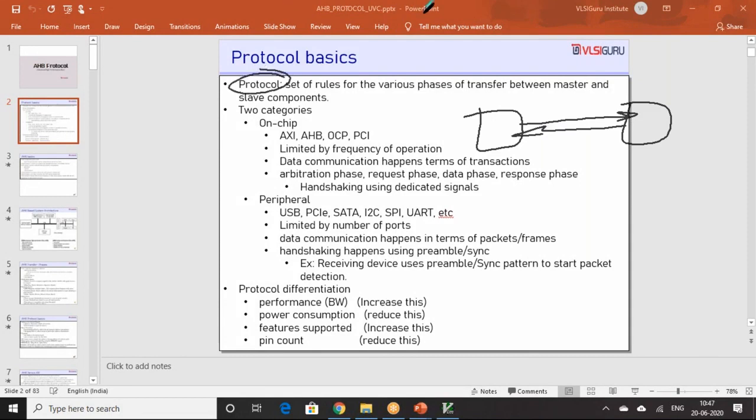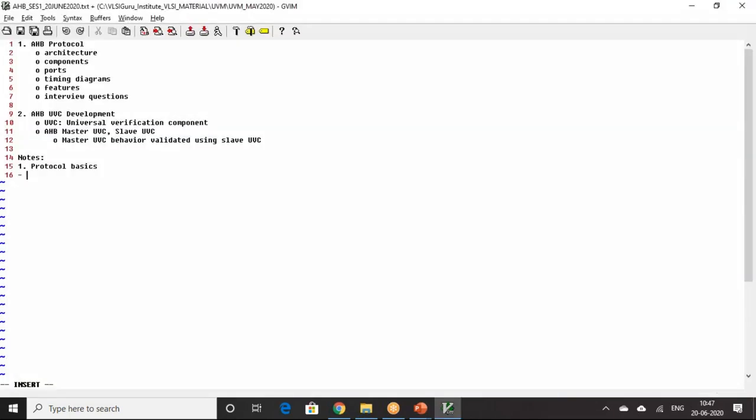There are two categories of protocols in VLSI. One is called on-chip protocols, one is called peripheral protocols. A protocol is a set of guidelines which define the communication between master and slave components.